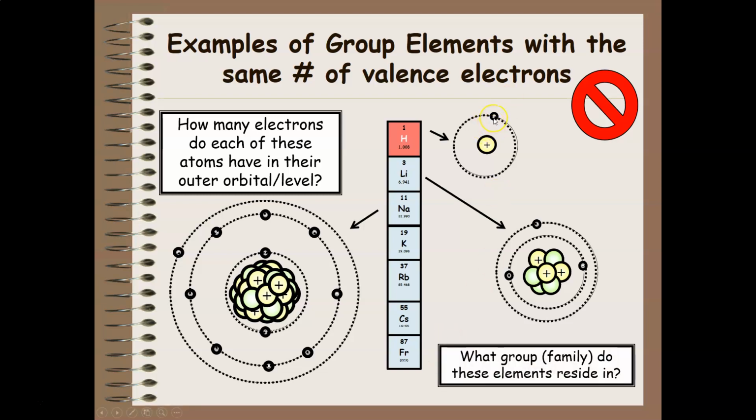Because they have 1 valence electron, I know they're in group 1A. Remember we have that weird A and B numbering system? We go off of the 1A, 2A, 3A, all the way to 8A, because those are the ones that follow the patterns better. We don't care about that D block. We don't care about the F block.